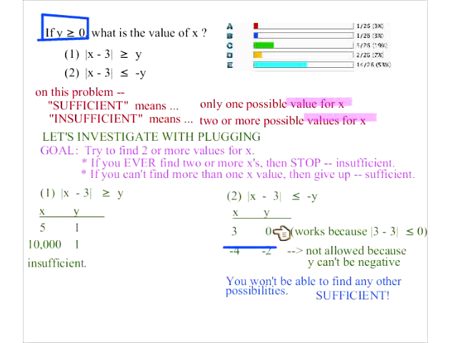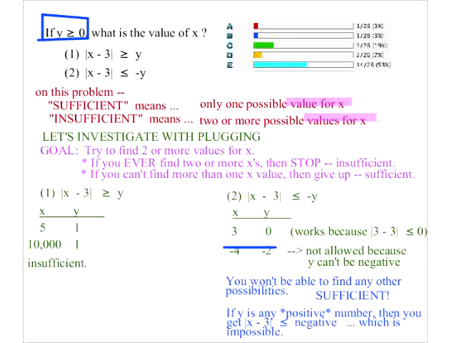Because if you try y as anything other than 0, like any positive number, because y can't be negative. If y is any positive number, then you get absolute x minus 3 has to be less than or equal to a negative, which is not possible.